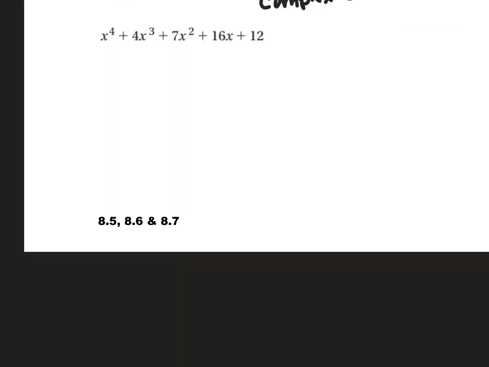We're going to solve x to the 4th plus 4x cubed plus 7x squared plus 16x plus 12. And we have to figure out, once again, the factors of our constant.